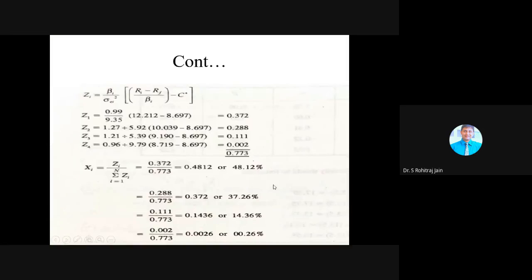So the proportion of funds that has to be invested in each security should be: in the first stock, 48.12%; in the second stock, 37.26%; in the third stock, 14.36%; and in the fourth, 0.26%. So this is my optimal portfolio, which consists of only the first 4 securities, and the proportion of funds is this.